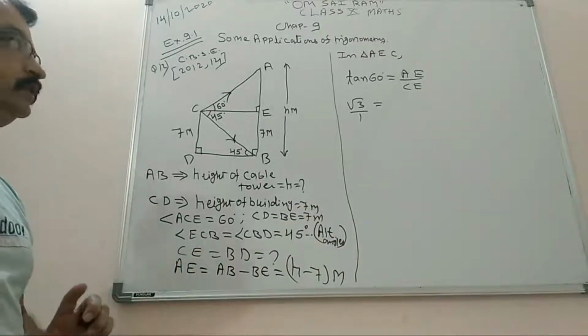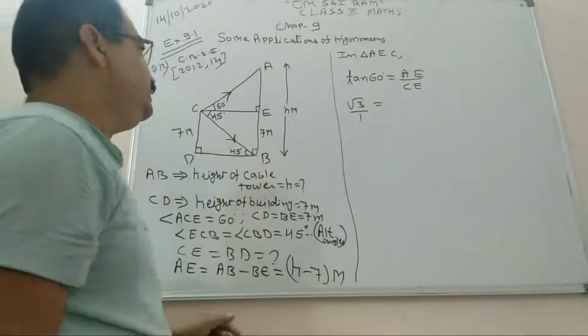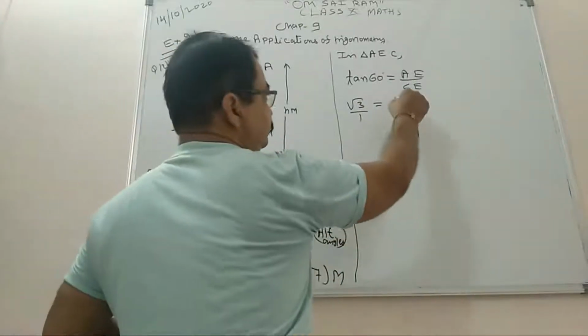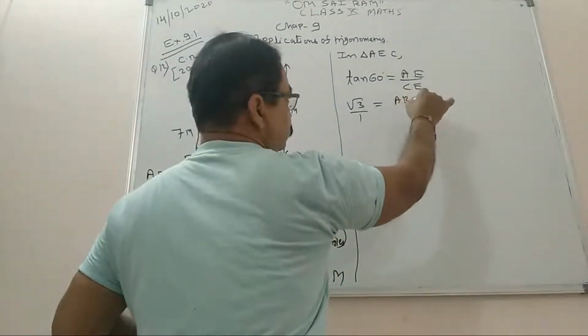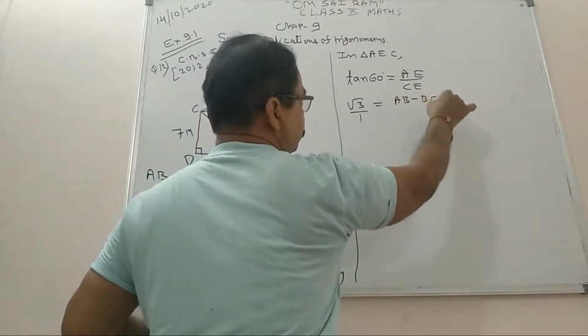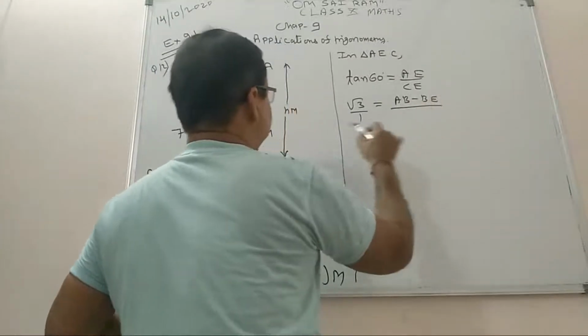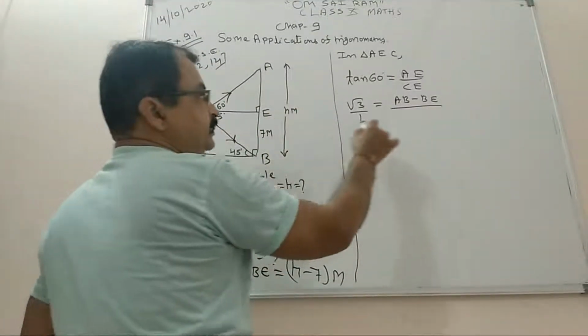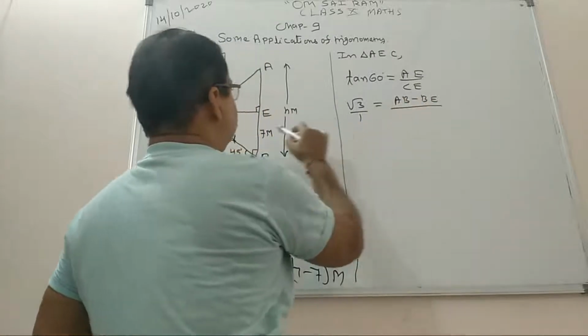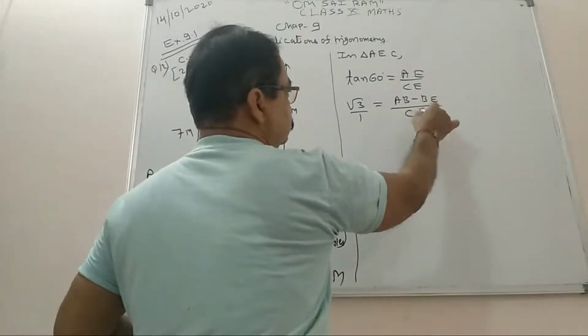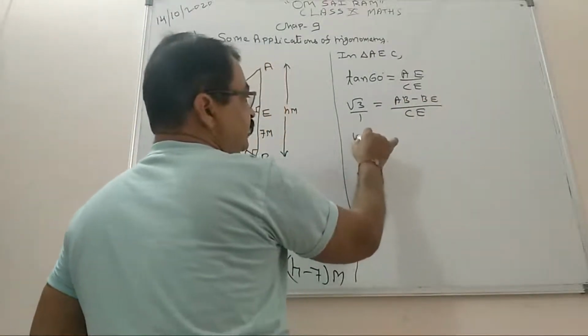Is the concept clear? So see, this AE we write as AB minus BE. AB is the complete height of the cable tower, and BE is given, upon CE. One more step you will take over here.